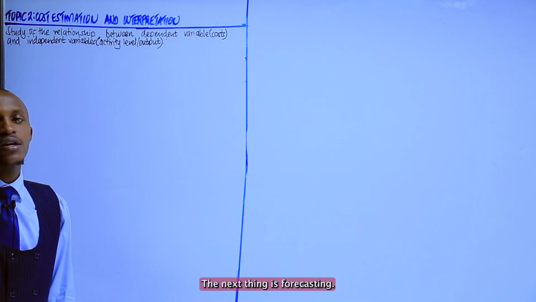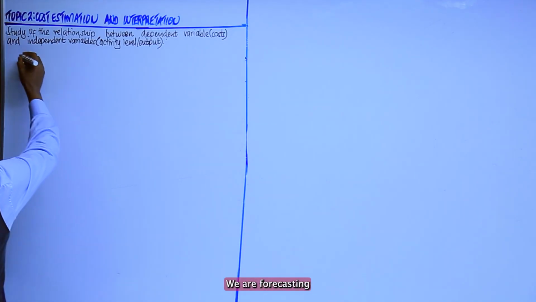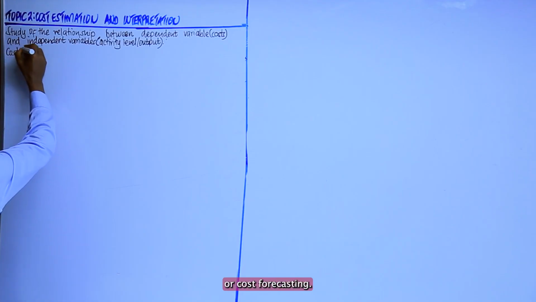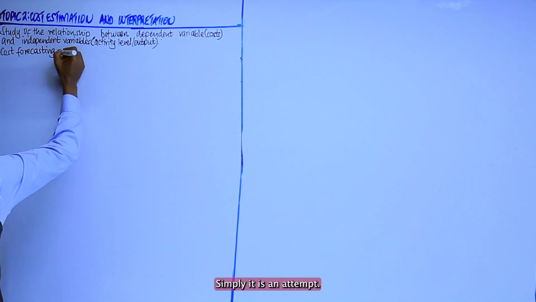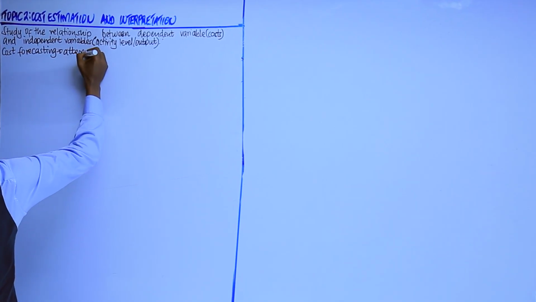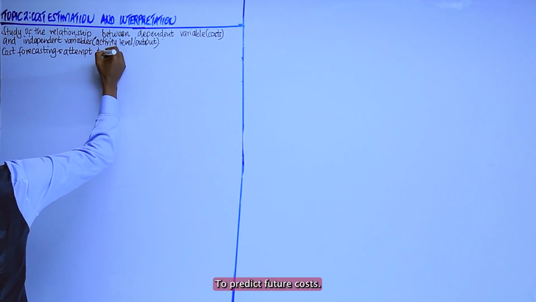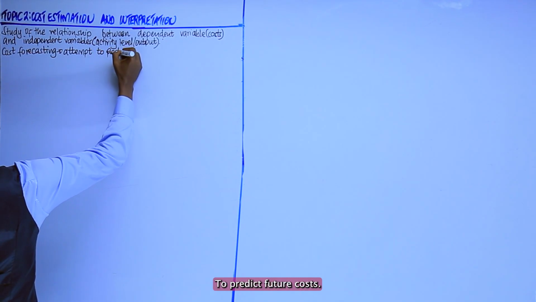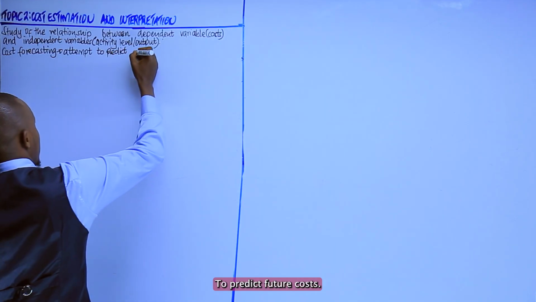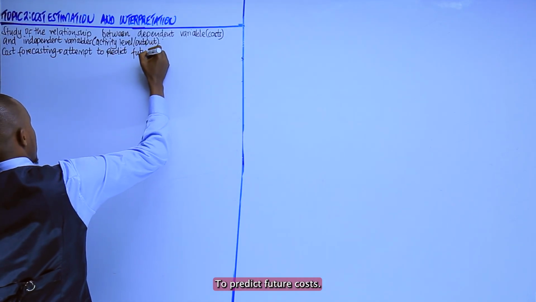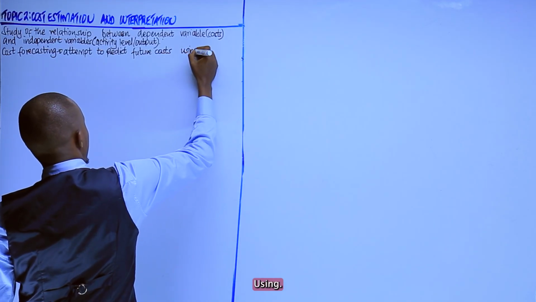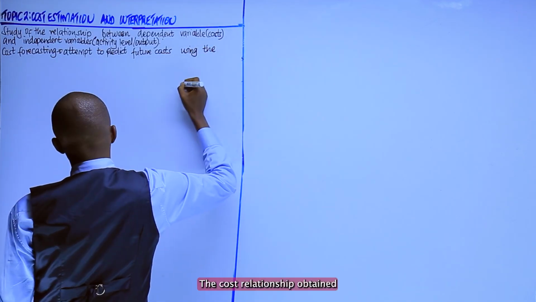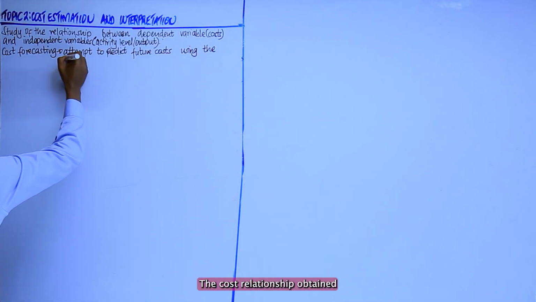the next thing is forecasting. Cost forecasting is simply an attempt to predict future costs using the cost relationship obtained.